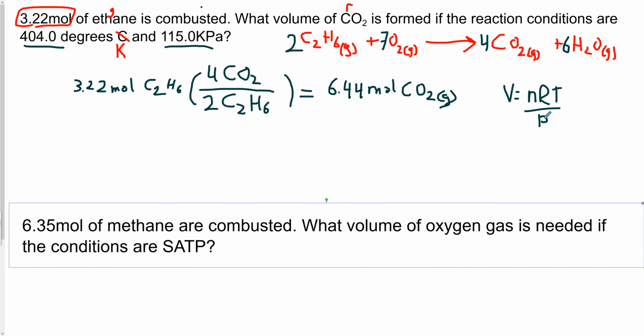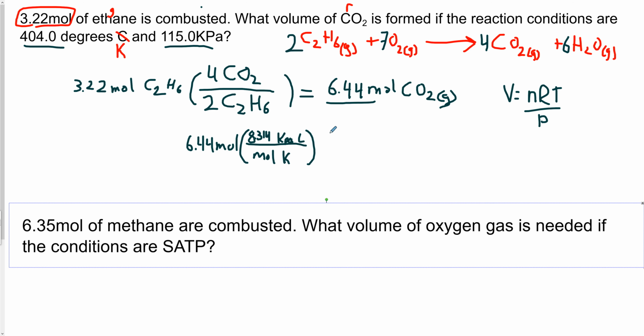So now all we have to do is throw that in. So my N is 6.44. So there's my N. That's moles. My R is that big honking number, 8.314. The number's not big, but it is in kilopascal liters over mole Kelvin.